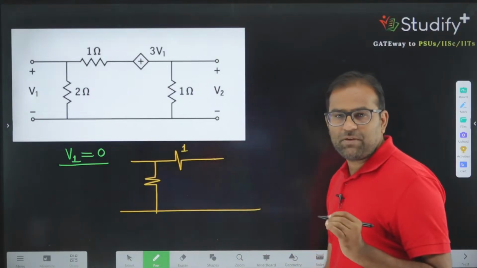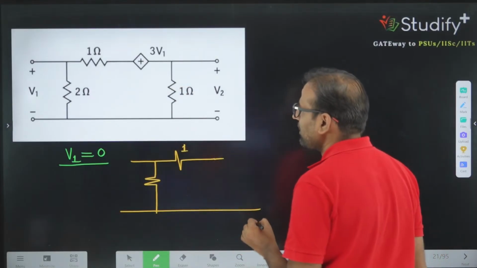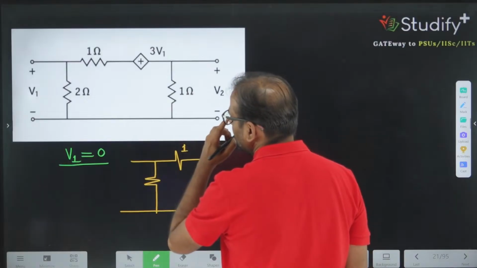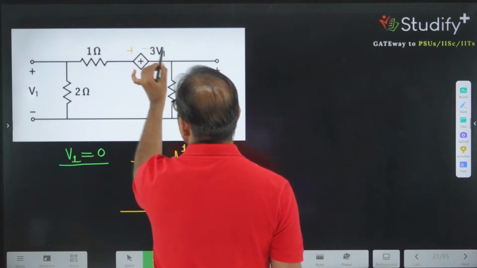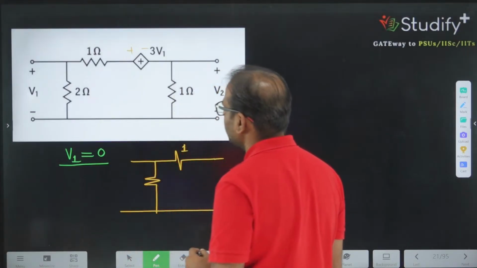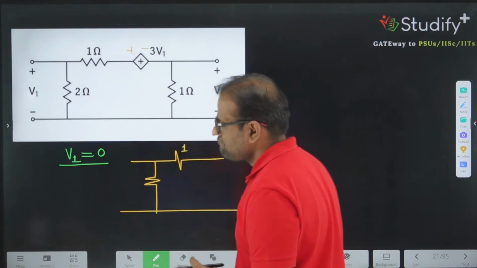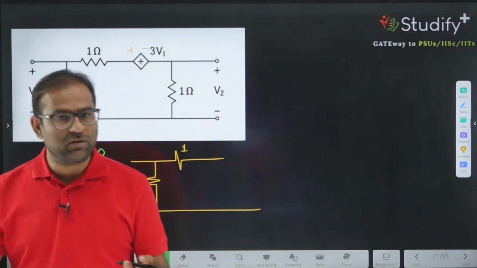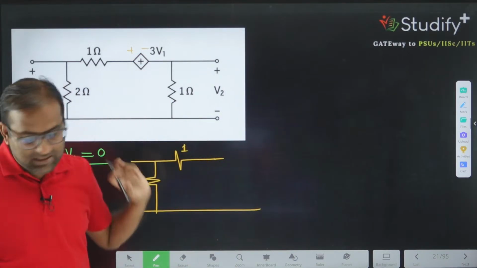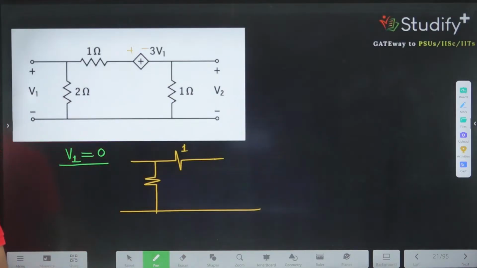If I am making V1 equal to 0, V1 is also equivalent to 0. And this value will be plus minus. Let me check the original question, because it is plus here.